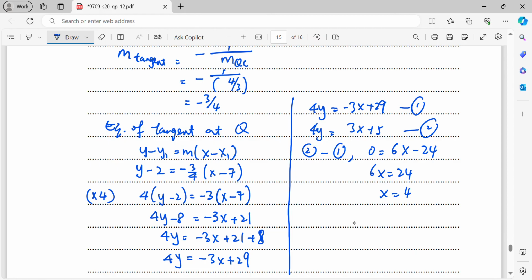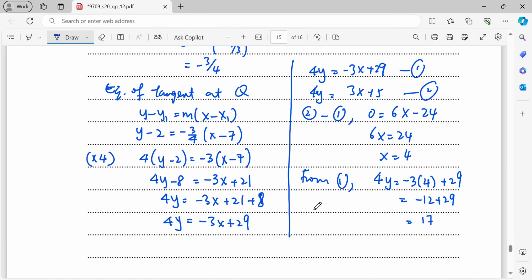Then to get the y, just substitute into the first or second equation. So 4y equals negative 3x plus 29, that is negative 12 plus 29, which is 17. So your y is going to be 17 over 4, which means my T has coordinates 4 and 17 over 4. So that's the solution of this question.